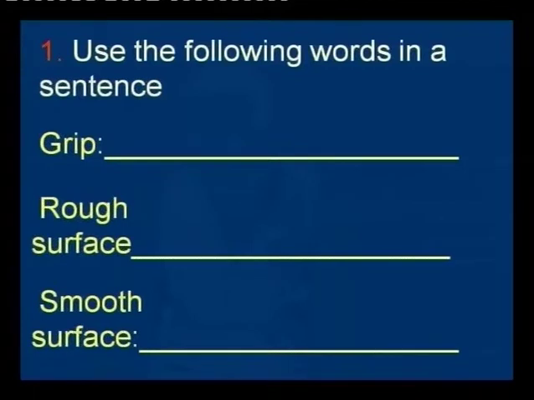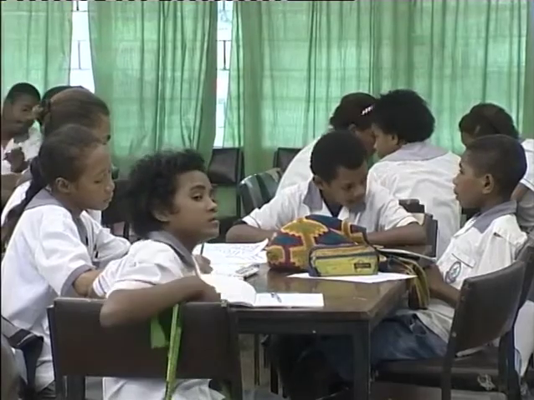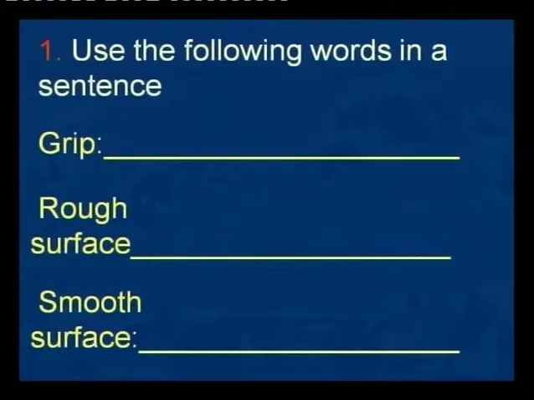The tire has no grip. Come again? The tire has no grip. Good. Anybody else? Now the word grip is used there.